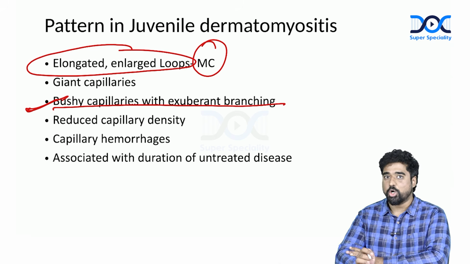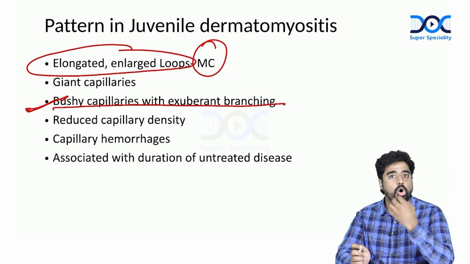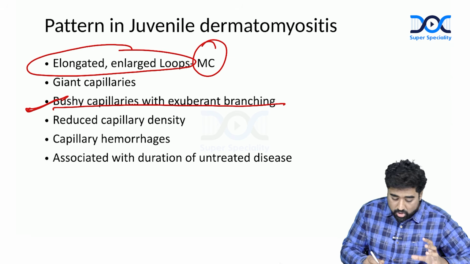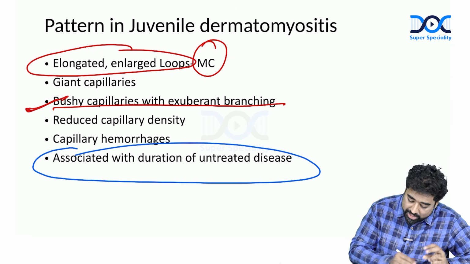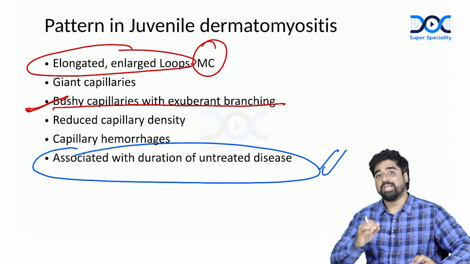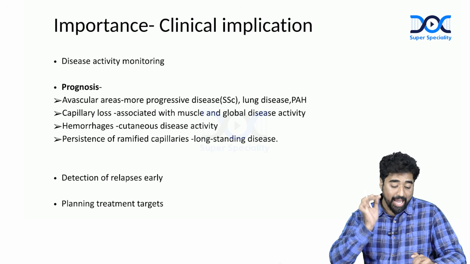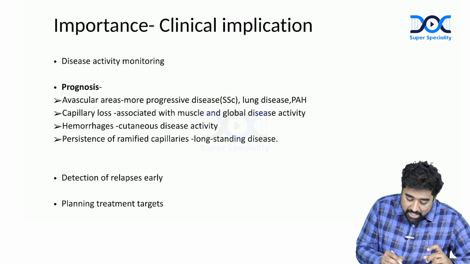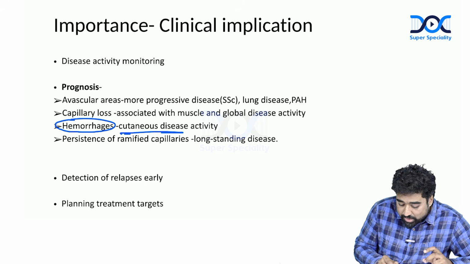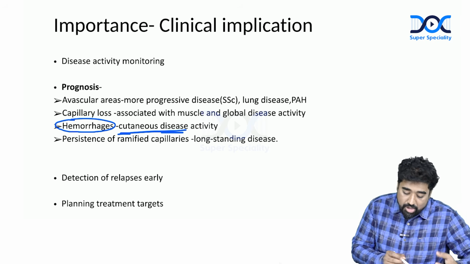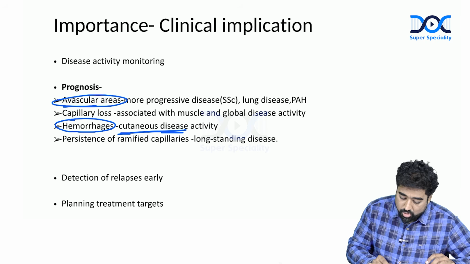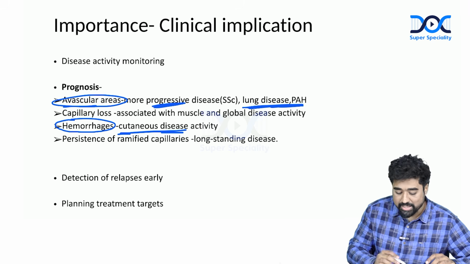Why is this important? Not because it's abnormal. Yes, we know it's abnormal, but why are we discussing so much on this? Because this is associated with the duration of untreated disease. So it's kind of a prognostic marker, and also it can help you find the association. How? If you have a hemorrhage, that means possibly cutaneous disease activity will be high. If you have avascular areas, that means possibly lung disease will be high, more progressive lung disease, PAH will be high.